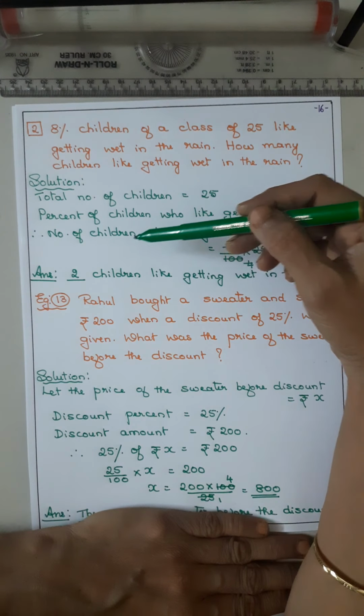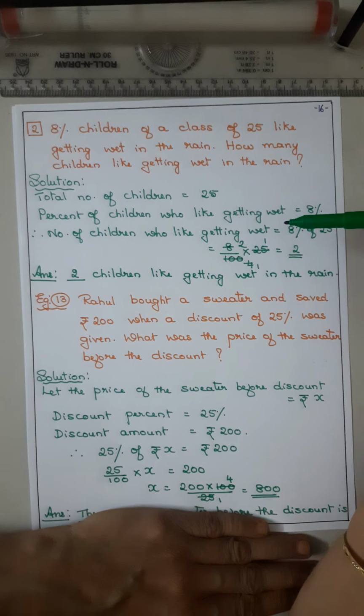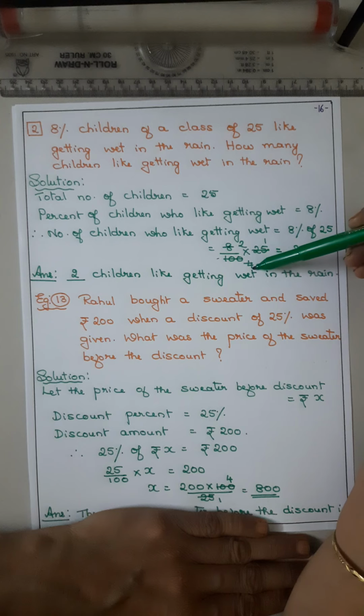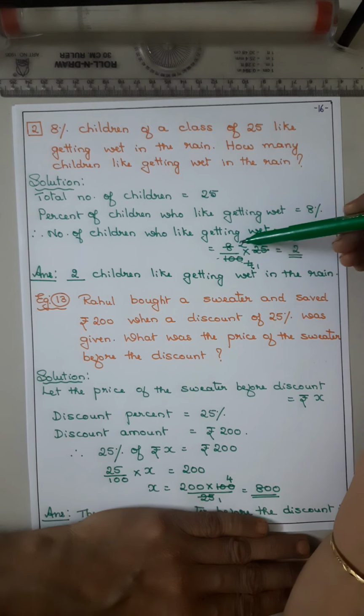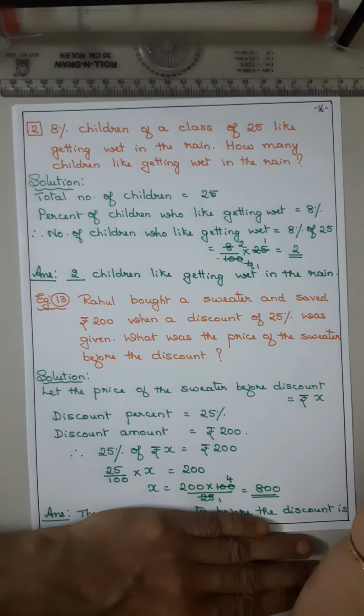So therefore, the number of children who like getting wet will be what? 8% of 25. So 8 by 100 into 25. So 25 ones are 25, fours are 4, ones are 4, twos are 8. So it is 2. 2 children like getting wet in the rain.